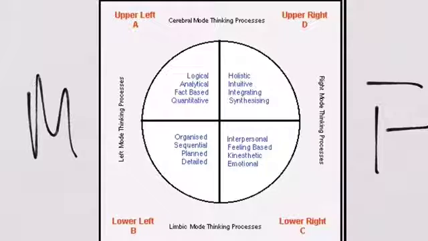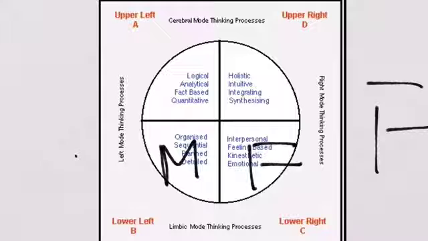But when we look at the upper and lower regions, we do get a sense that the left aspect of the limbic system is more masculine, as opposed to the right aspect of the limbic system being more feminine.